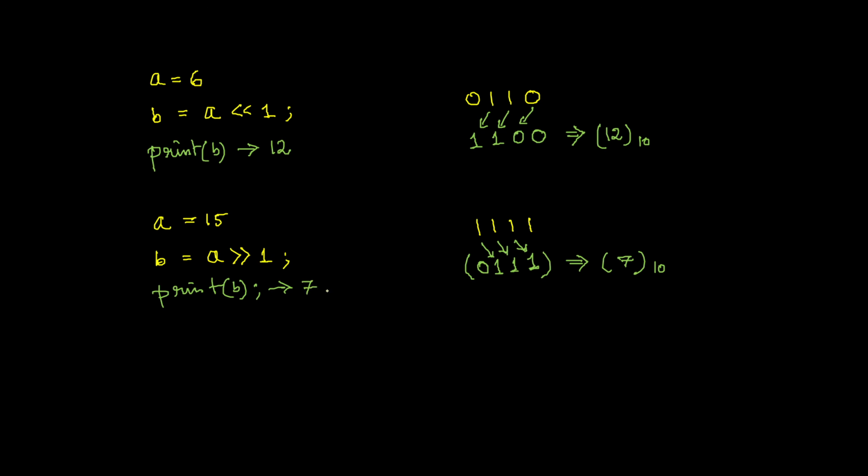That means instead of dividing the number by 2, if I do a simple right shift once, I can get the half of the number, actually the quotient of the number. For example, if you write B equal to A by 2, the value that you will get is the same that you will get in this way.